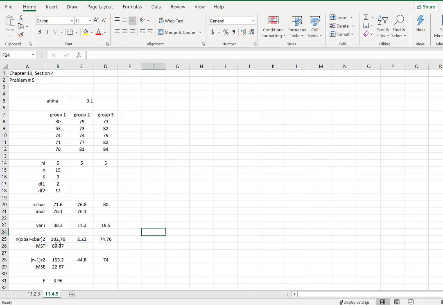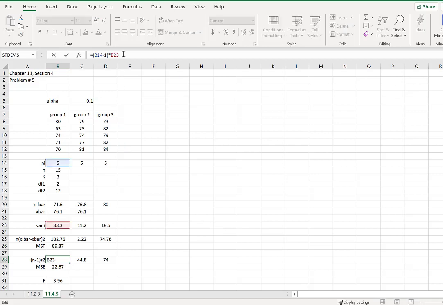I did a similar kind of thing for the MSE, the mean square for error. For each one of the terms, I'm going to calculate those, sum those, and then divide by n minus k. So for each individual element, I've got n1 minus 1. n1 is in B14, and I'm going to subtract 1 from it.